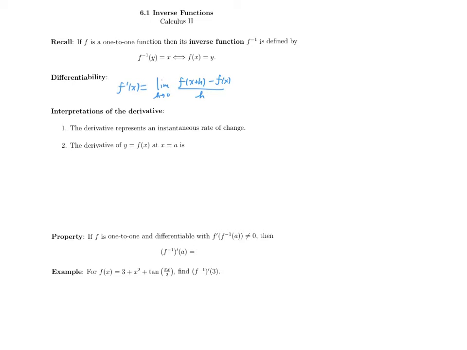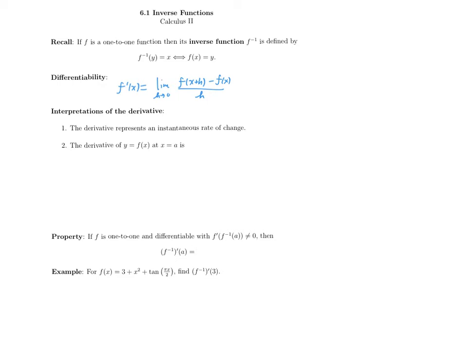And let me just remind you of the two key interpretations of the derivative. The derivative represents an instantaneous rate of change. For example, the derivative of a distance function gives you velocity. The derivative of the size of a population tells you how quickly that population will be increasing or decreasing.